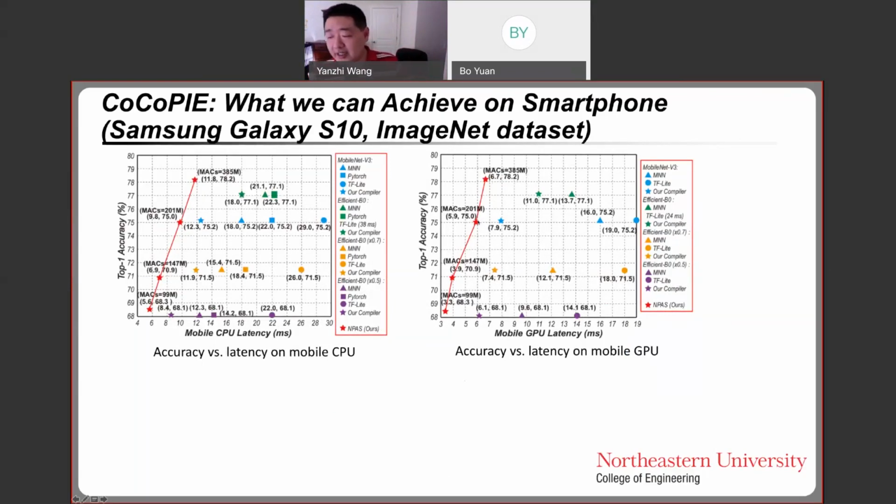If we make the accuracy 75%, which is a MobileNet v3 level, then it is less than 6 milliseconds. If it is MobileNet v2 level, then it is less than 4 milliseconds. If it is lower, then we can accelerate further. So this is what we can achieve at this moment, and this was also accepted in CVPR.